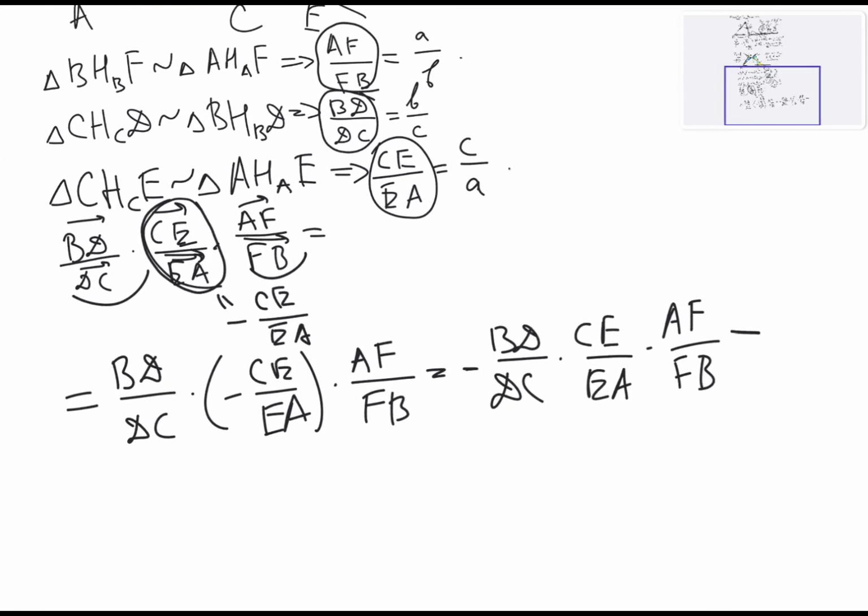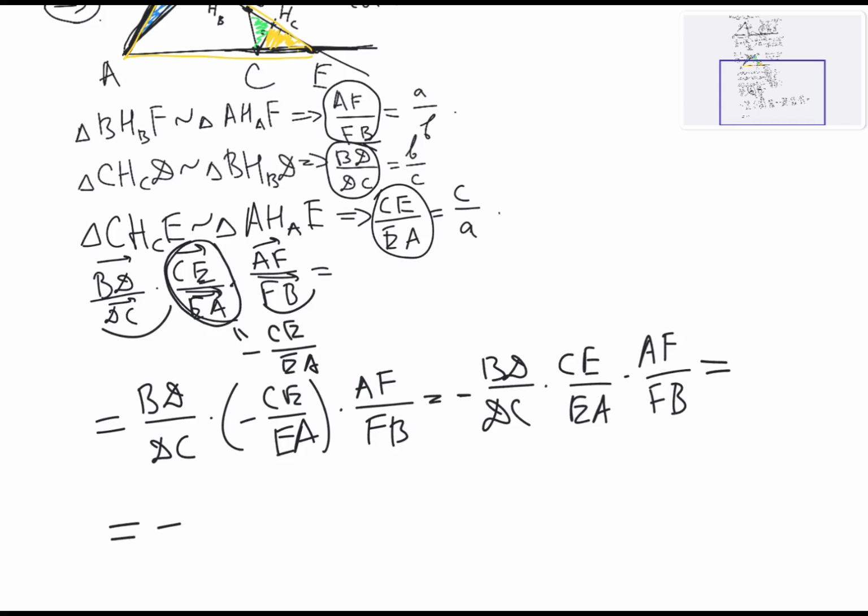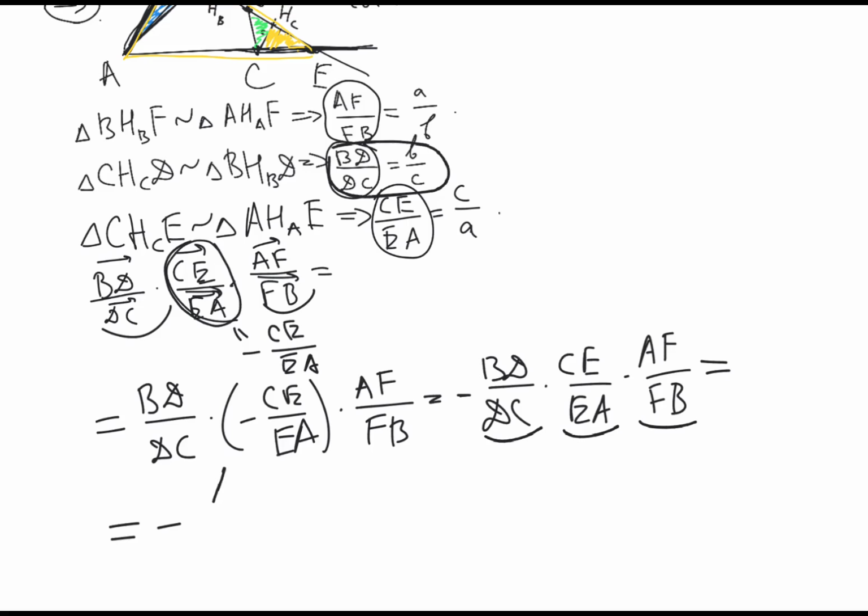And so now this is equal to minus, and now we substitute these ratios with what we found. So BD over DC is equal to B over C, CE over EA is equal to C over A, and this ratio is equal to A over B. And now we notice that A and A cancel each other, B and B cancel each other, and C and C cancel each other.